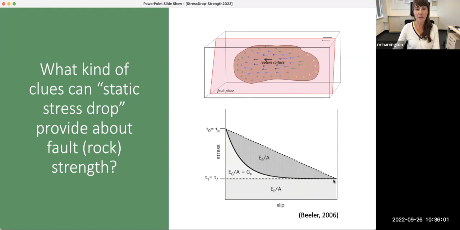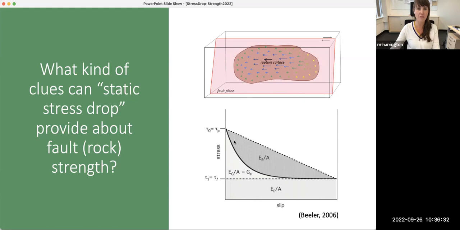But essentially what we're trying to do in my group is to take this model, at least of the static stress drop when a rupture happens on a fault surface, and disentangle all of the different imprints, both of the processes going on on the fault and of the observational constraints, and try to infer what we can about this static stress drop that we measure.